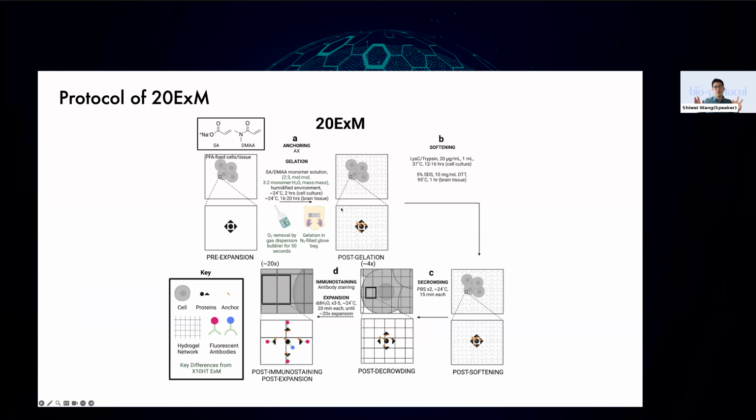So just a review of the overall protocol of the 20XM. You will start with a fixed cell culture or tissue. And the first step, we will treat it with NHS chemistry to anchor the proteins. And we will do gelation of this tissue to embed it in the hydrogel. Then we do a step called softening, which is a step that disrupts interaction between proteins so that the tissue can start to expand.